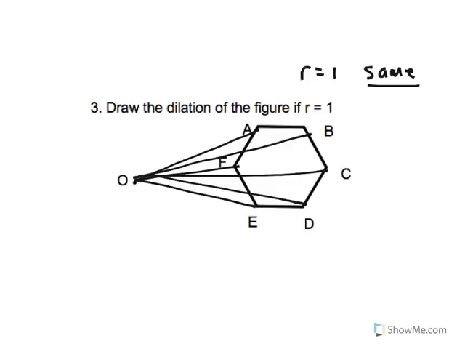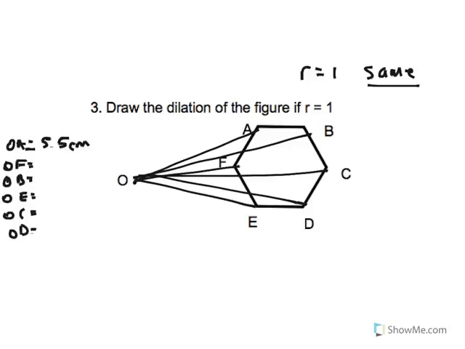So let's measure the distance from center O to vertex A. It's going to be 5.5 centimeters. From O to F, O to B, O to E, O to C, O to D.